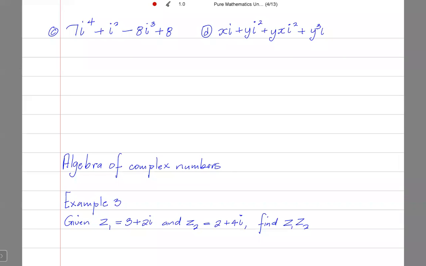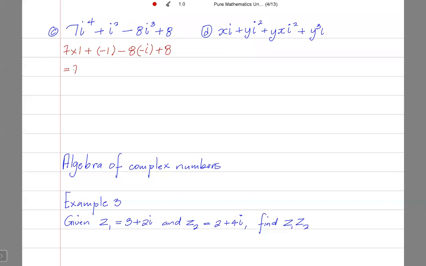All right, so we're continuing with example 2, C. This is 7i to the 4. i to the 4, I think, is 1. So this is 7 times 1 plus i squared, which is minus 1, minus 8 times i cubed, which is minus i, plus 8.